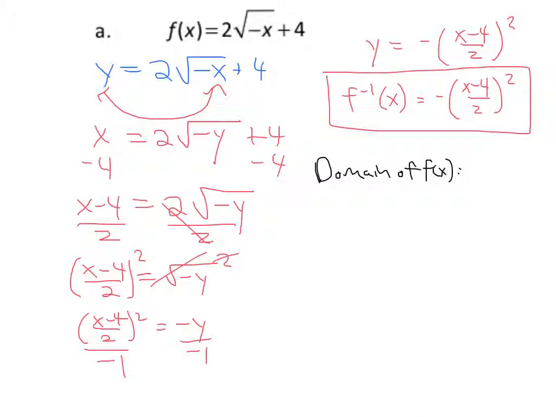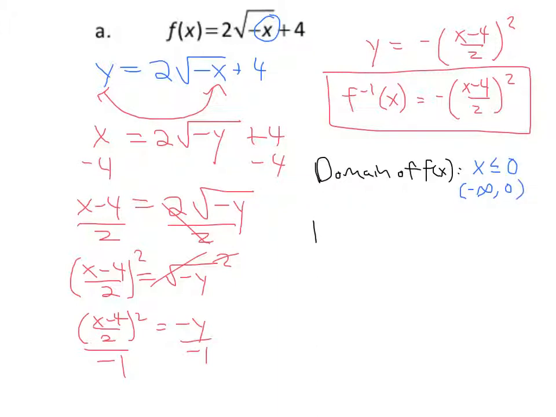If we think about the possible x values that we can plug in, I need to have a positive number under the square root, so I'm actually going to have to plug in a negative number to make the inside of the square root come out positive because of that negative sign. So the domain of f of x is x has to be less than or equal to 0. Or you could write this in interval notation, negative infinity to 0.